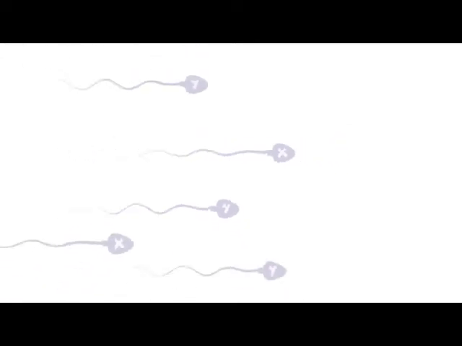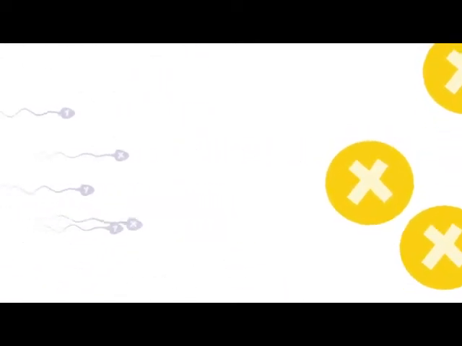All eggs bear X chromosomes, and the sex of an embryo is determined by the sperm. The fertilization of an egg by a sperm containing an X chromosome leads to the development of a female, a sperm with a Y chromosome to a male.